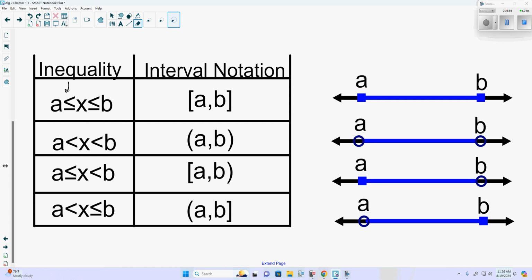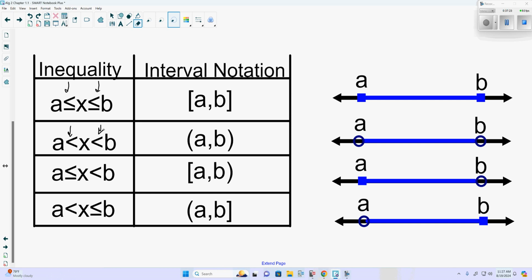So the first one is included because our two inequality signs have the equal sign, that equal bar underneath it. So the second one is not. It's not included, just less than. It's still bounded. All four of these are bounded. It's just the second one, whatever points A and B are just not included. We have all the way up to that number, but just not the number itself.